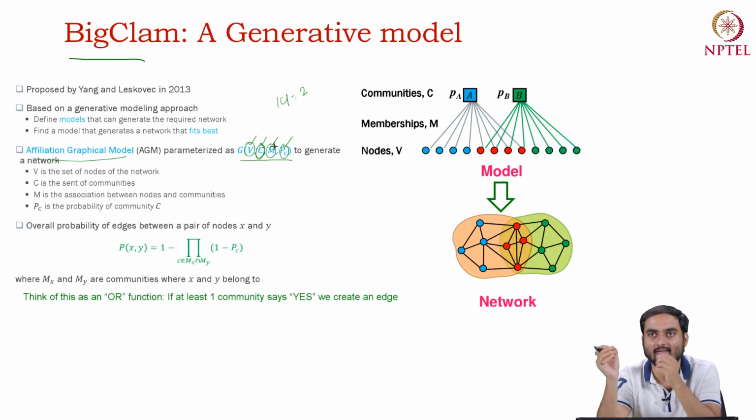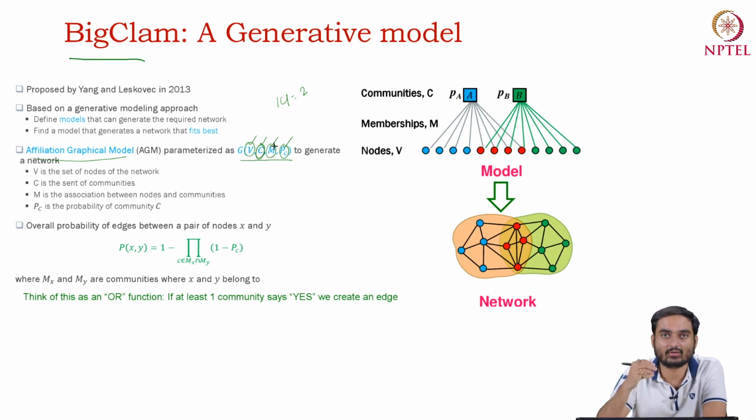In the second case, these two users go together to the gym, go together to the drama class, go together to some coaching class. In the second scenario, the likelihood that two nodes will be connected is higher than the first scenario. So the idea is the more a pair of nodes belong to different communities, the higher the probability that they will be connected.